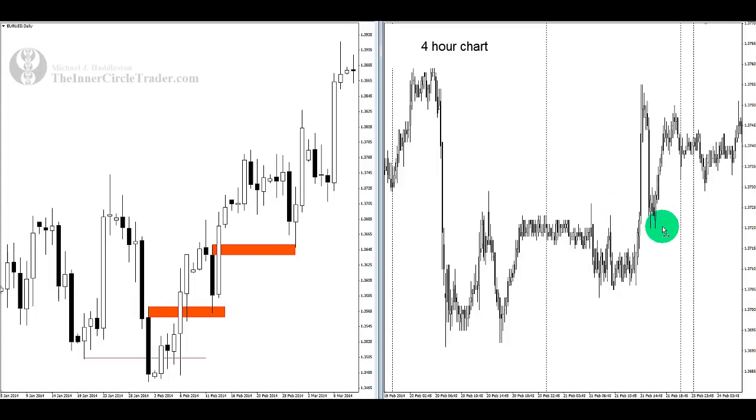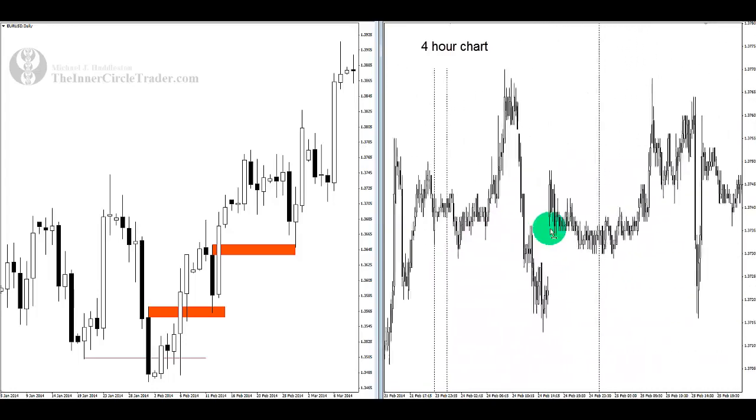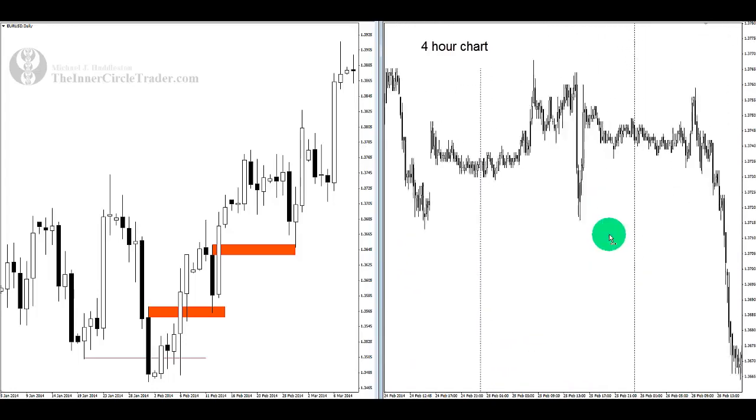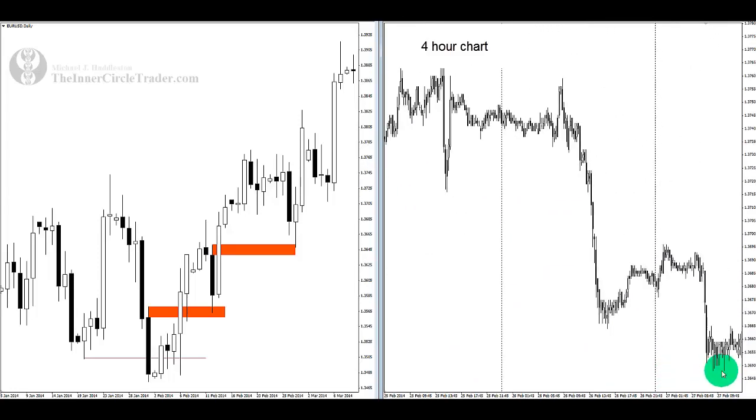Yeah, we would expect it to drop down to 136.55 for an entry, right in here. Get long on a London Open kill zone entry. And it's also turtle soup.